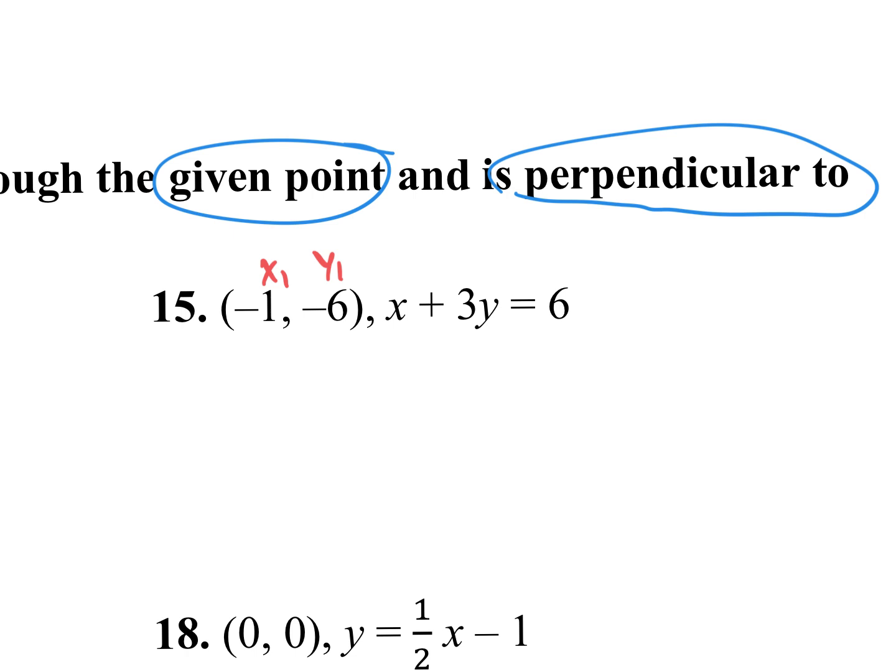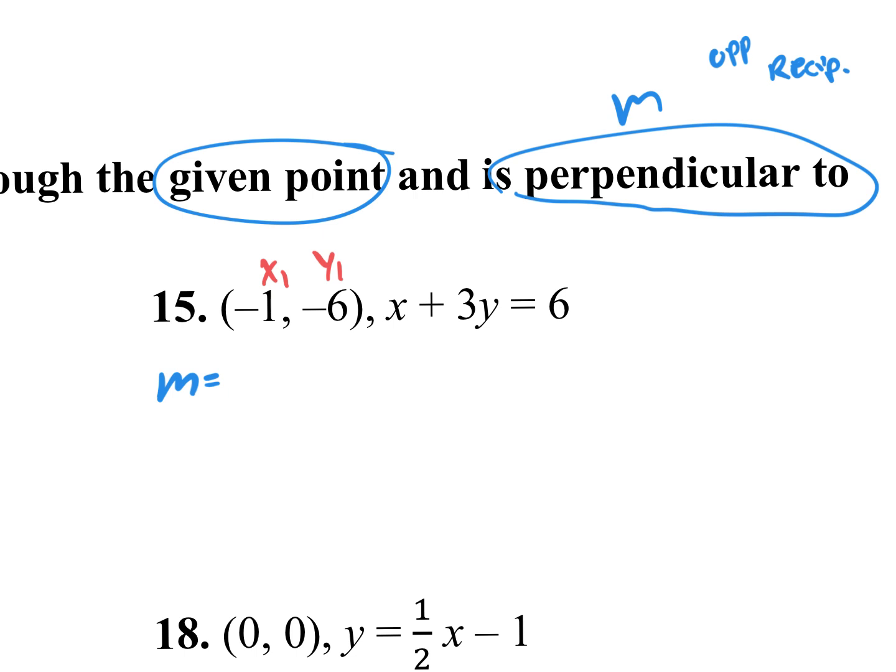Opposite reciprocal. You're going to find the m value that you see here, and then take the opposite reciprocal of that m value. So you change the sign, flip the fraction.